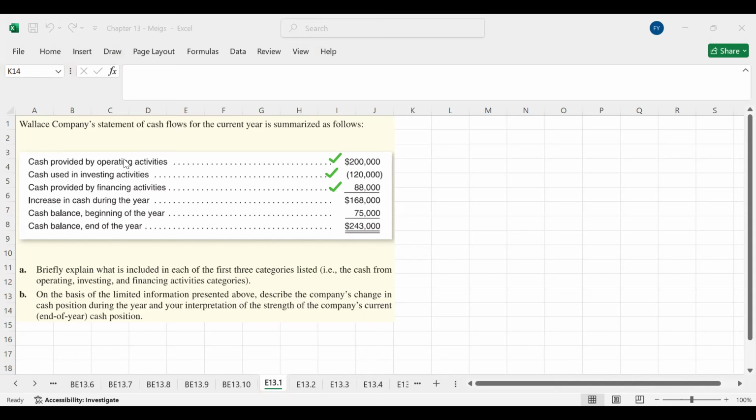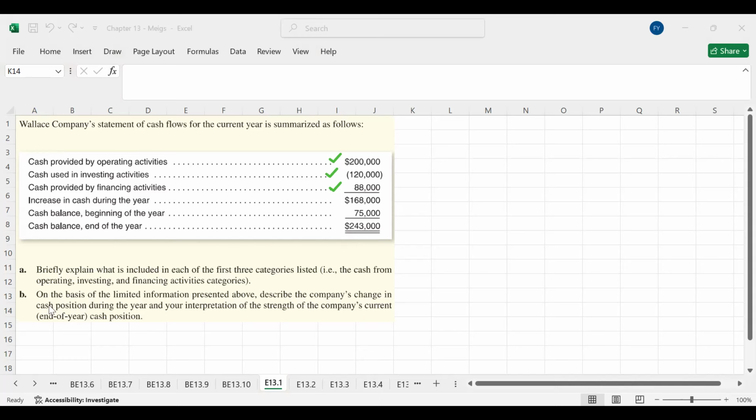This may include cash from and use for the purchase and disposal of assets that are not held for resale purpose, primarily investments and property, plant, and equipment, or even the intangible assets. The third one is this $88,000, which is cash provided from financing activities. So you can say that this may include cash from and use for the debt or equity financing transactions.